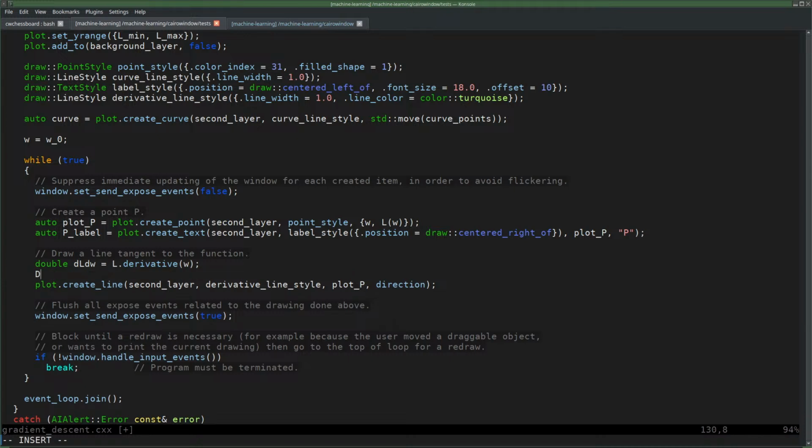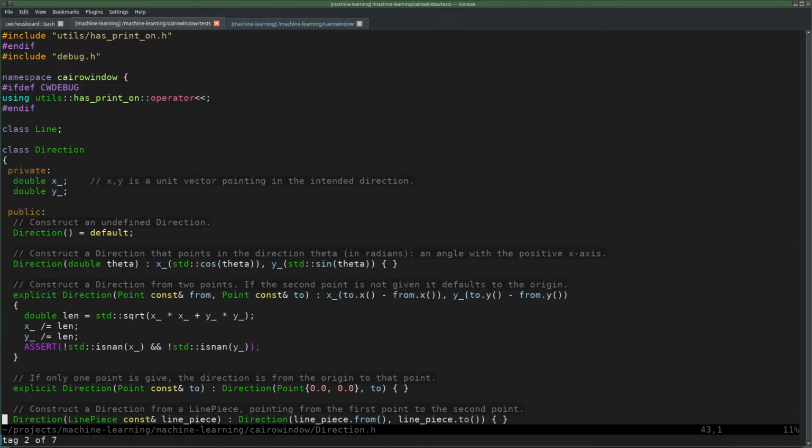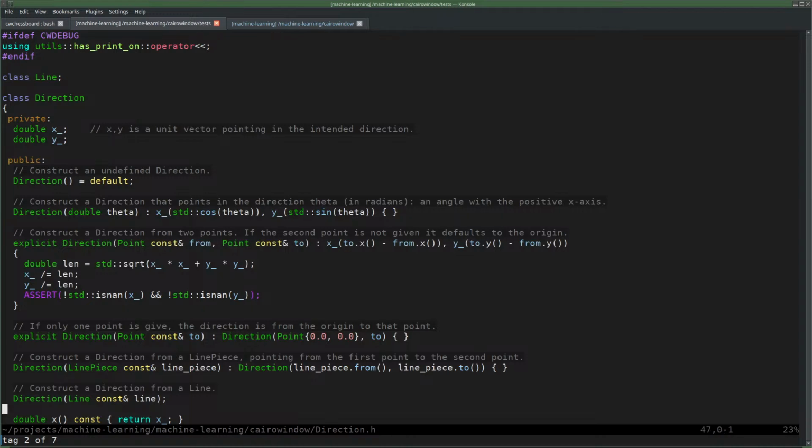Now I still have to make my direction. That thing has the following. Can create a direction from a line. Oh, sorry, I'm trying to create a line. Point that goes in a line through the origin and a point.